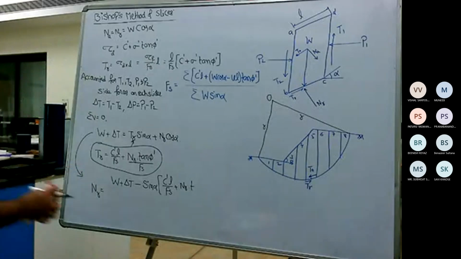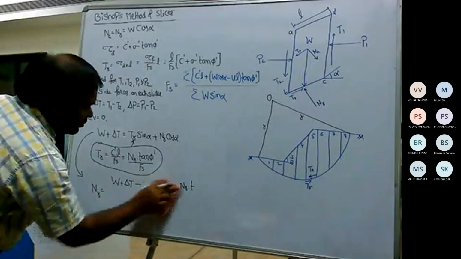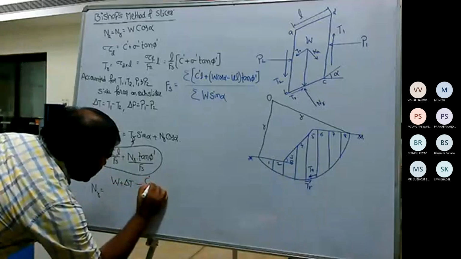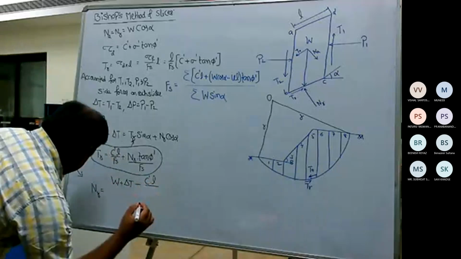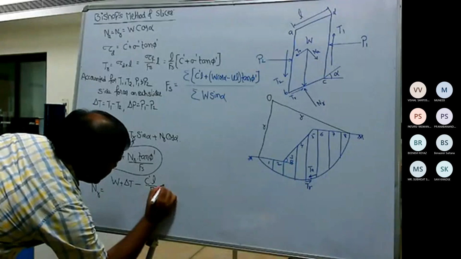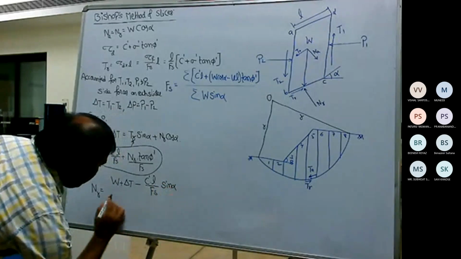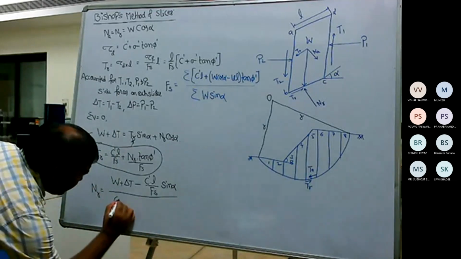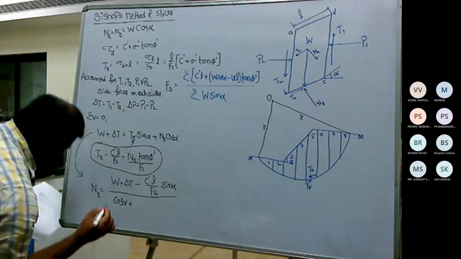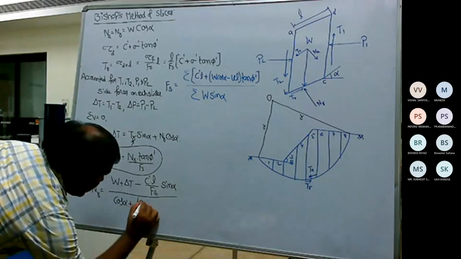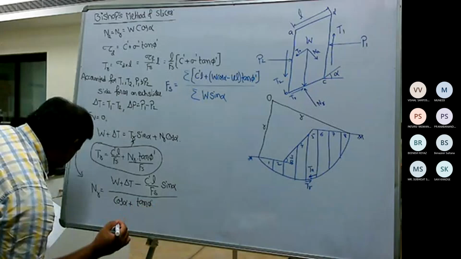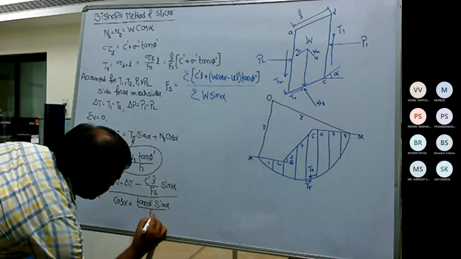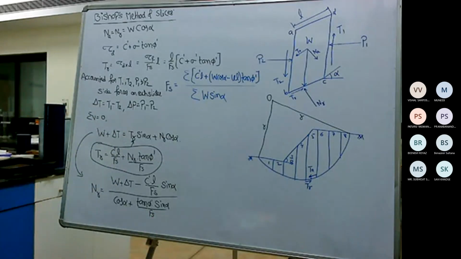After simplification, I am simply writing the final form of the equation: minus C dash into L divided by Fs into sine alpha, divided by cos alpha plus tan phi dash into sine alpha divided by Fs.